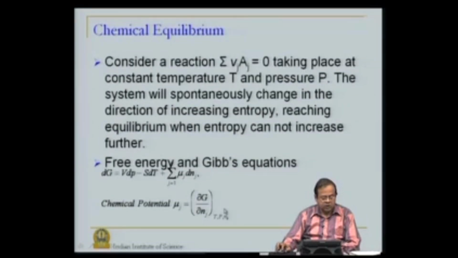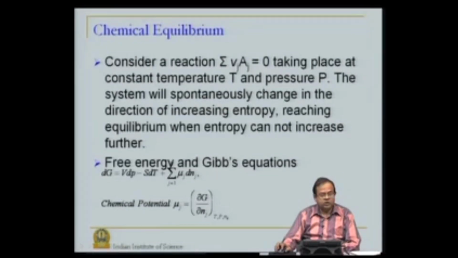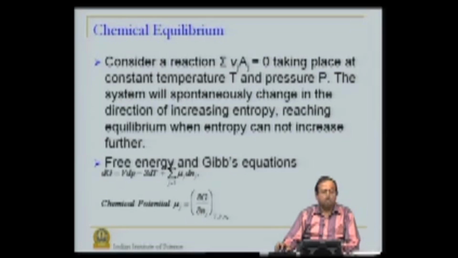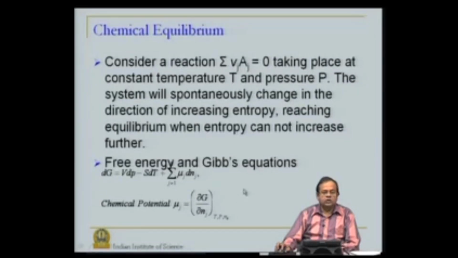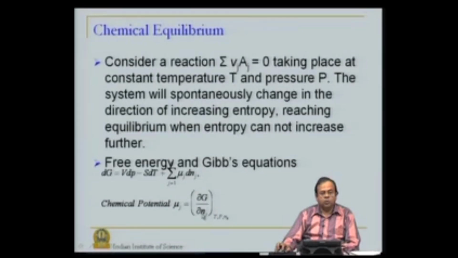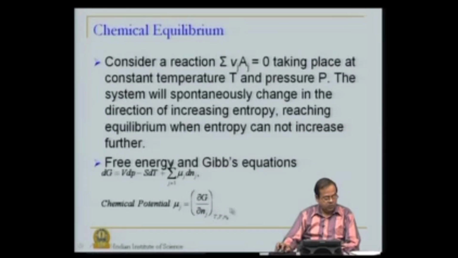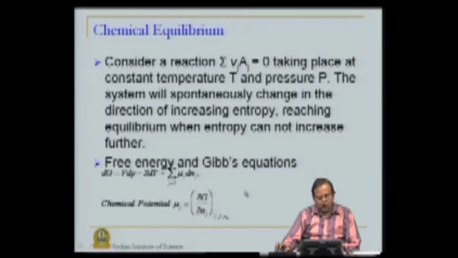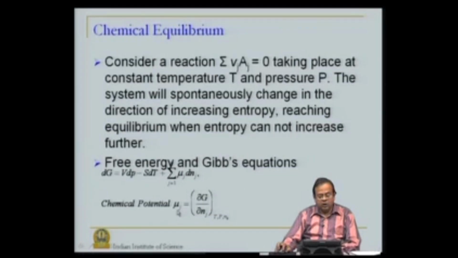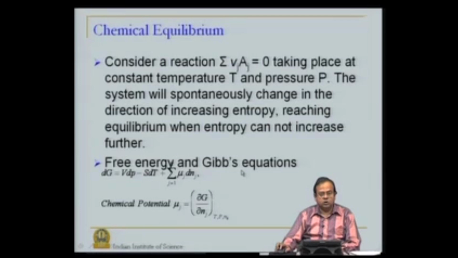Or in other words, it is the amount by which the capacity of the phase to do work changes by incremental addition of small quantities of species Nj, everything else kept the same. So, we have this chemical potential which comes in this Gibbs equation.